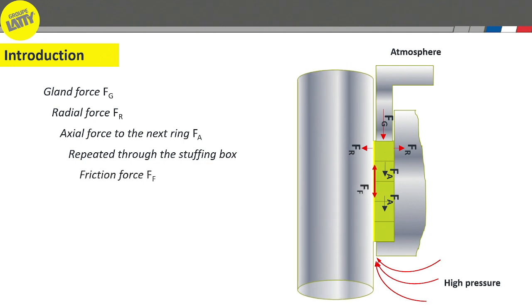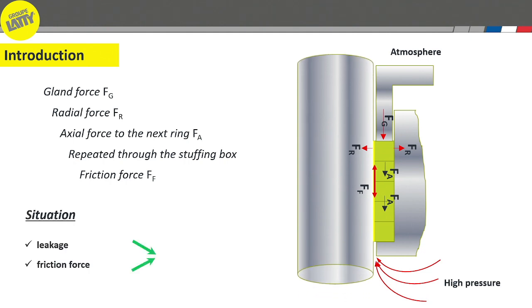When the stem is actuated, we create a relative movement between the stem and the sealing packing, and this generates a dynamic friction force between the two moving parts. This gives us a general situation: by increasing the gland force, we tend to eliminate the leakage, but at the same time we increase the friction coefficient.